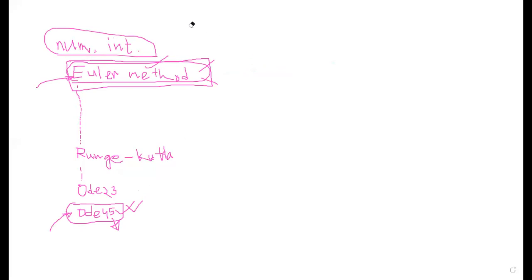Let's say you have a differential equation of this form: x1 dot equals x2 plus x1, and, let's say it's a second order ODE, x2 dot, which is nonlinear, e to the power x1 into x2.